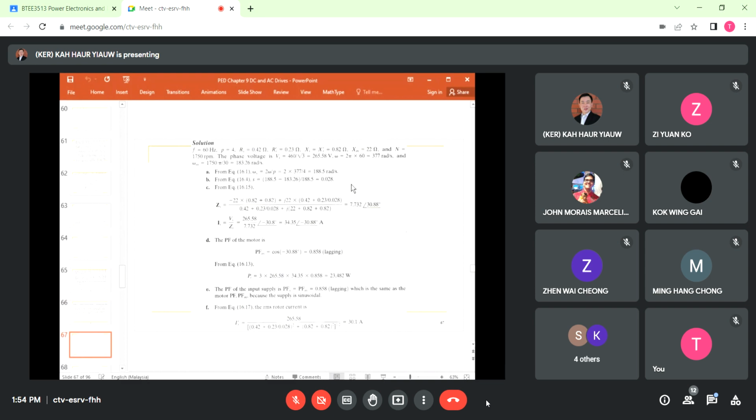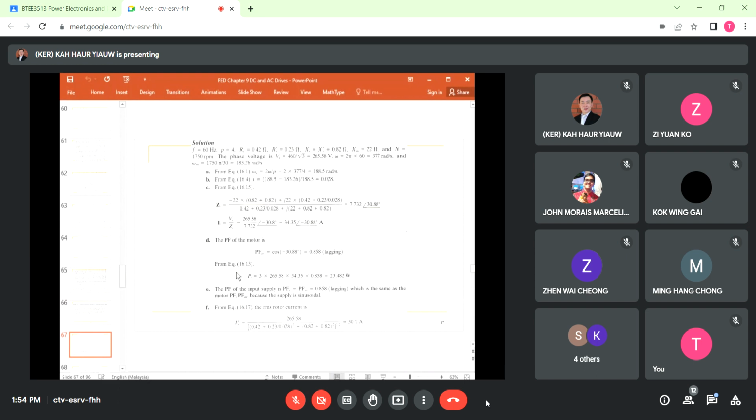Equation 4 solves part B for the slip, S equal to 0.028. Equation 15 solves for Zi, which is equal to this number here, and by using this number we can find the input current Ii, and the value is 34.35 with an angle of minus 30.88 degrees. The power factor is equal to 0.858.